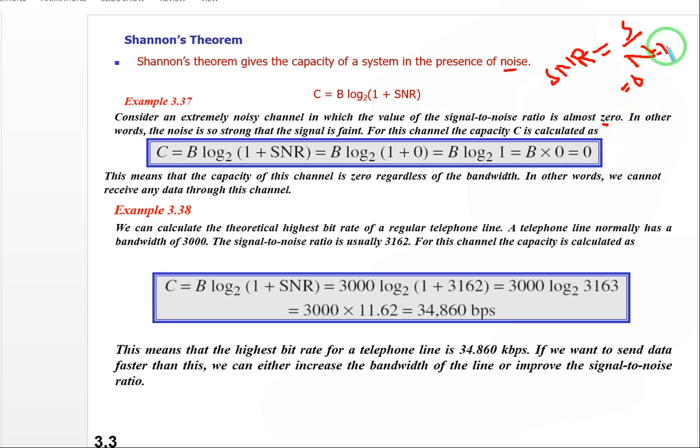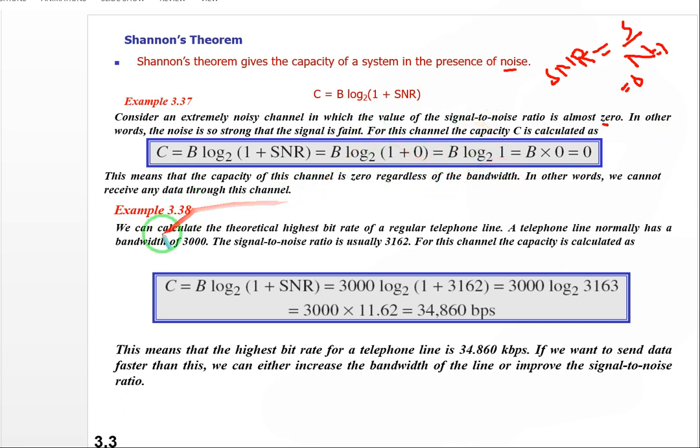A small value divided by a bigger value gives an answer like 0.00123, so it's near 0, and that's why we are saying that your capacity is going to be 0. So this is the basic idea of a noisy channel, where a lot of noise is available in a signal.